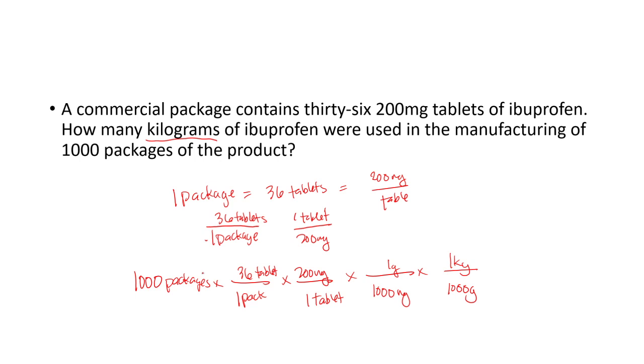Okay, let's have it then. Check out the units. Package, tablet, milligram, gram. Okay. Multiply them: 1000 times 36 times 200 divided by 1000 divided by 1000. You have 7.2 kilograms.